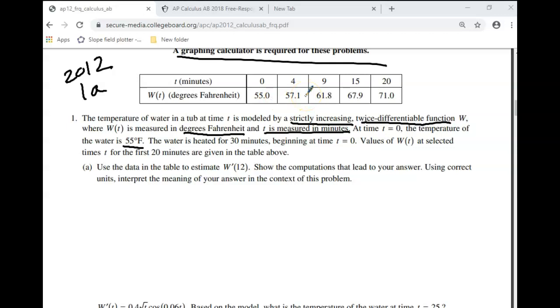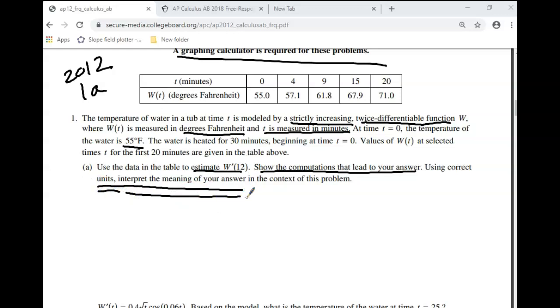Use the data in the table to estimate W prime of 12. Show the computations that lead to your answer, and using correct units, interpret the meaning of your answer. So we need units and an interpretation.